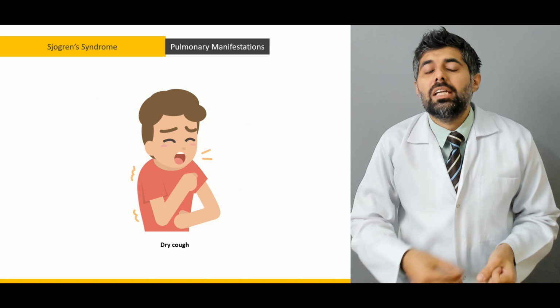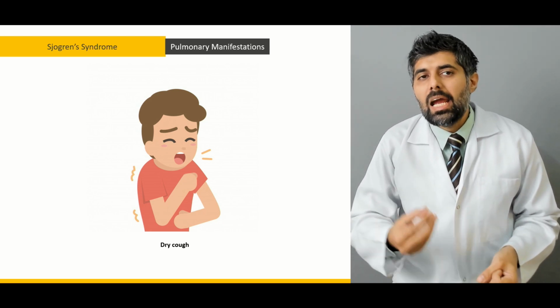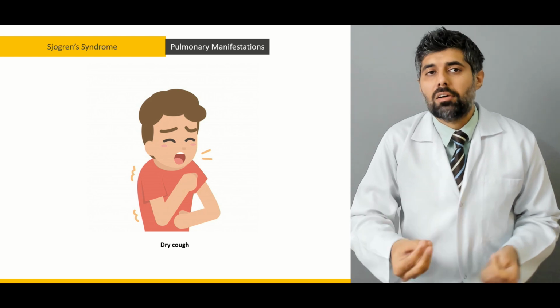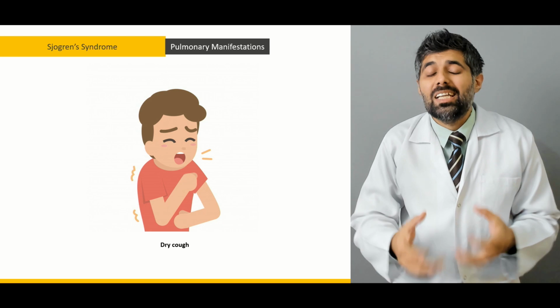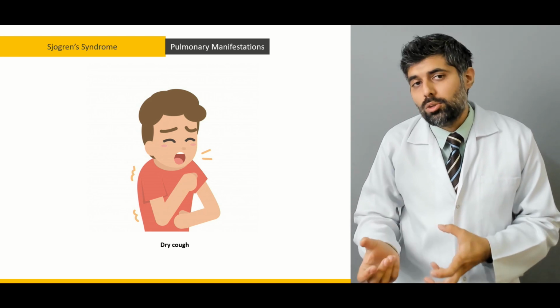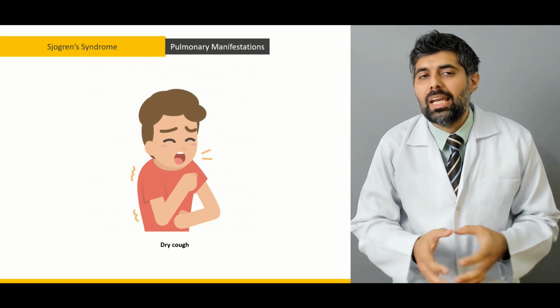This results in easy irritability for the patients while inhaling and results in a dry cough. This dry cough is also without any sputum. This is also because no mucosal glands are producing any sputum.